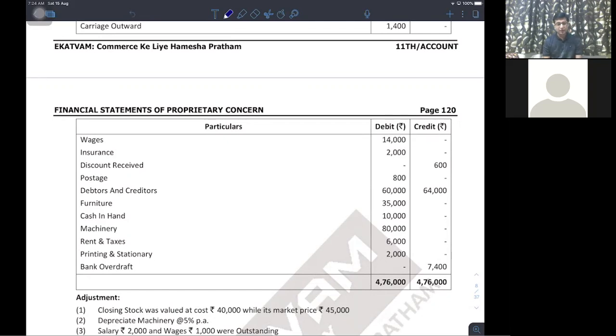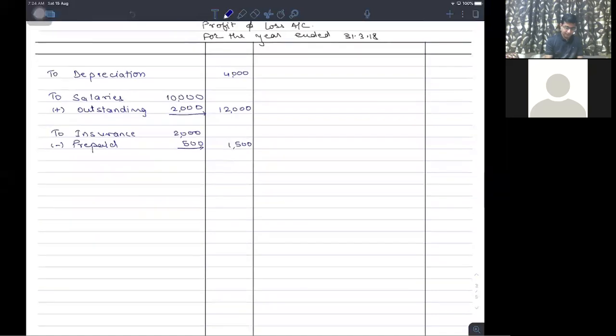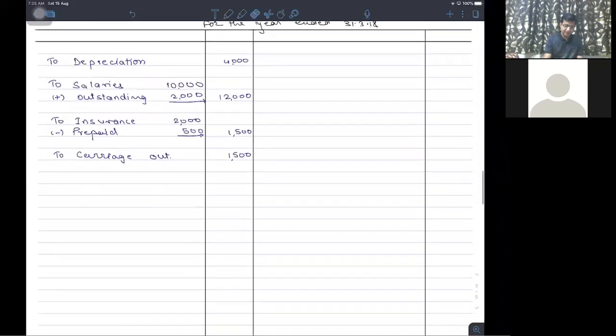So this being carriage outward will go into the P&L account onto the debit side, to carriage outward rupees 1,500. No, 1,400 it is. Is it right?